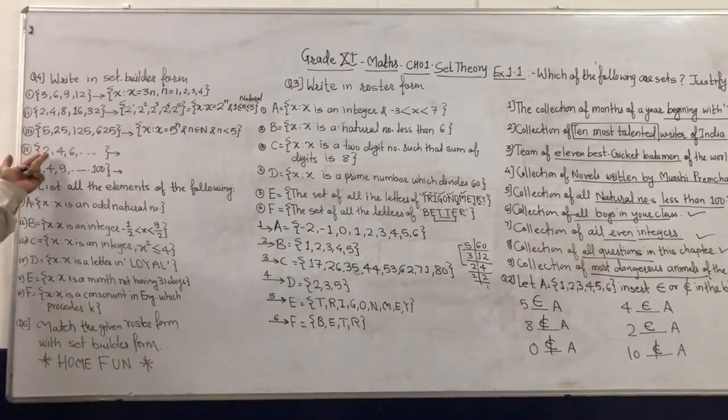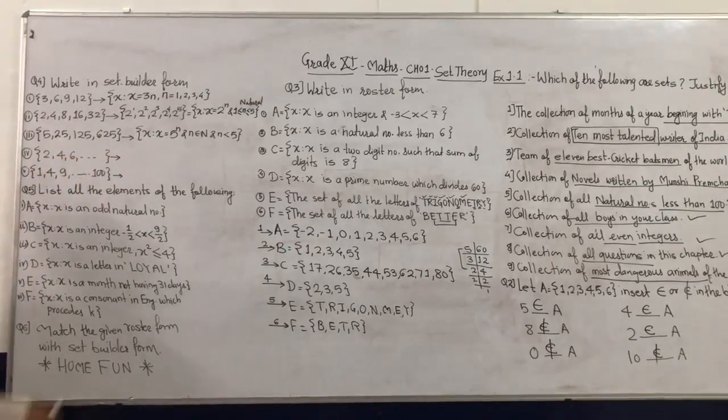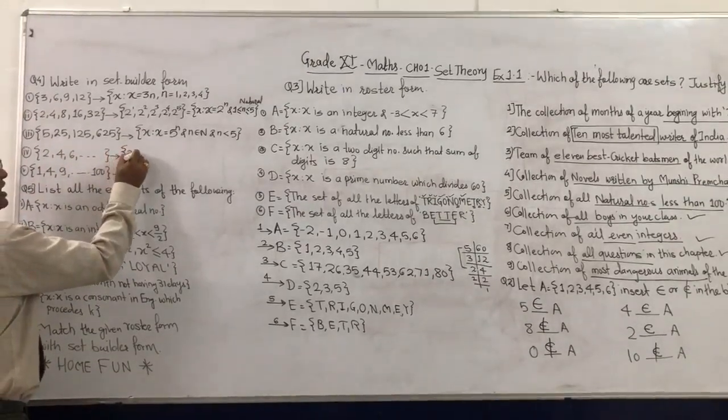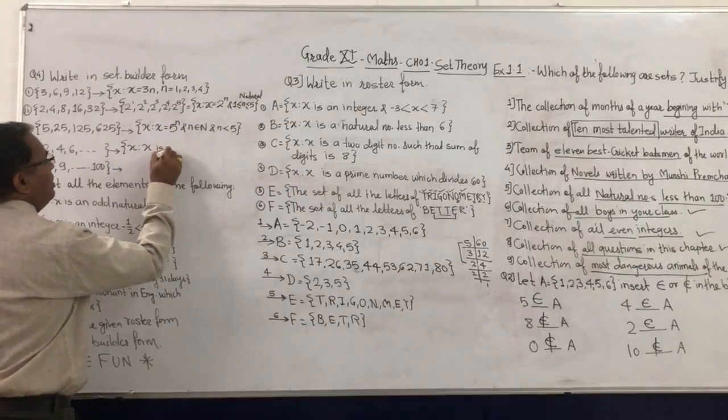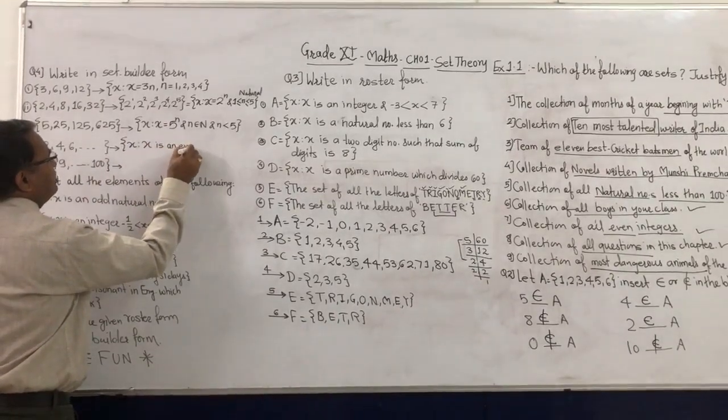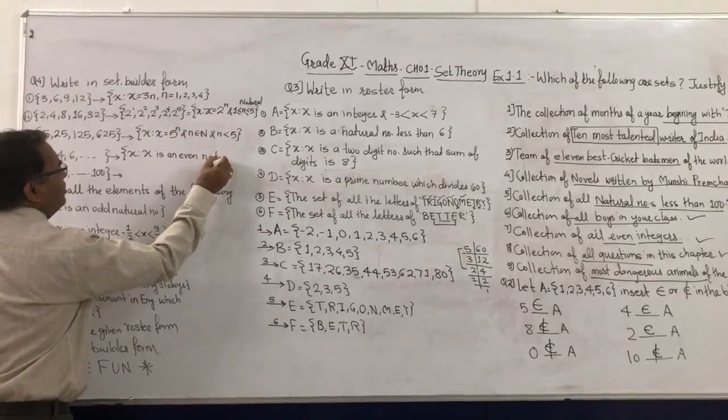Now here it is simple. 2, 4, 6, 8 means it is a collection x such that x is an even natural number.